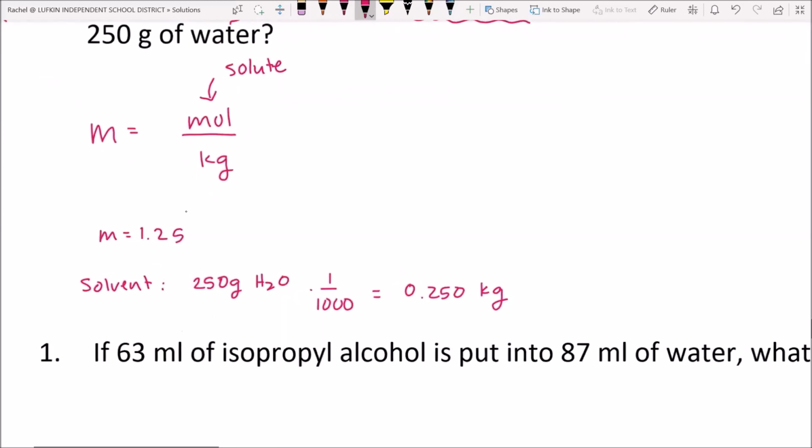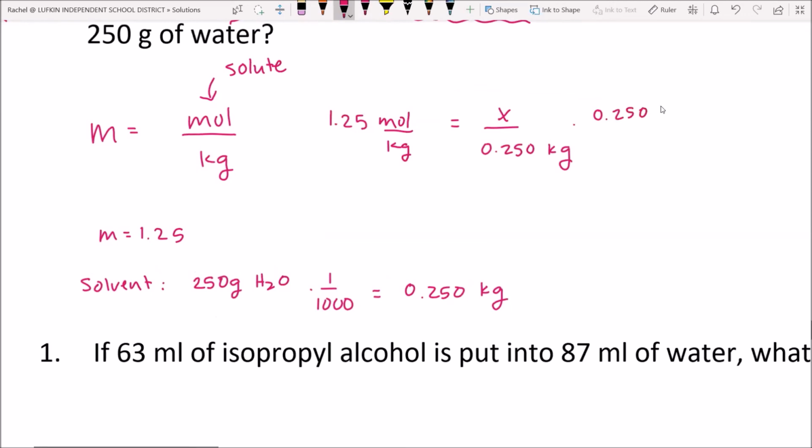Right? So now we're going to plug those in. So we're going to say 1.25 is equal to X over 0.250 kilograms. And if you want to make sure that your units cancel out, you would write 1.25 moles per kilogram, right? And now how do we solve for X?